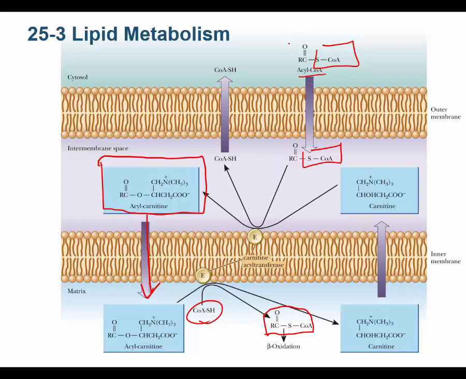So when I started out with acyl-CoA here, I end up with acyl-CoA here. But I had to go through this acylcarnitine intermediate just for transport purposes, and that's it.